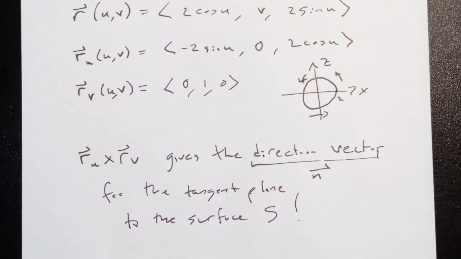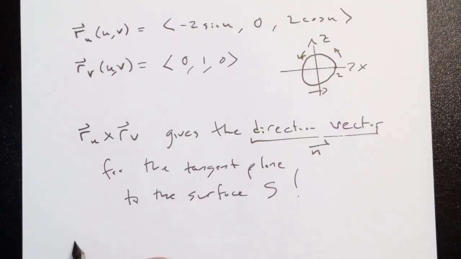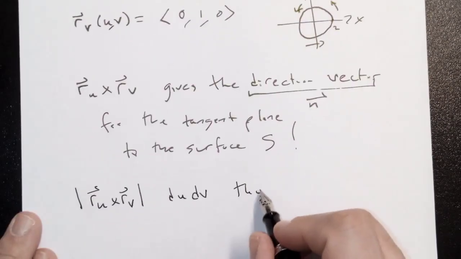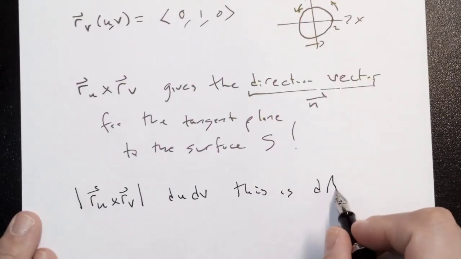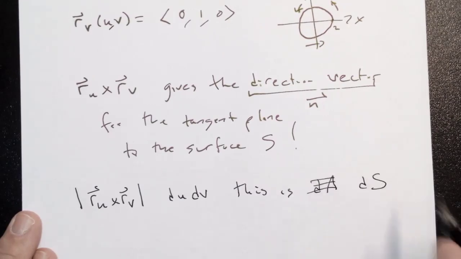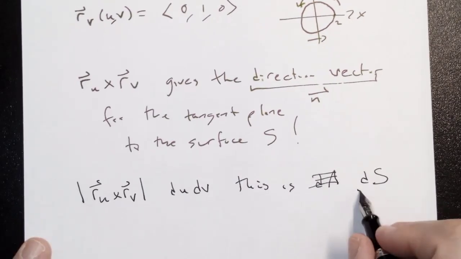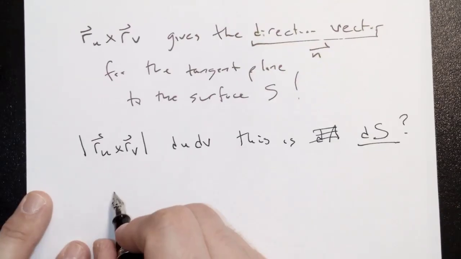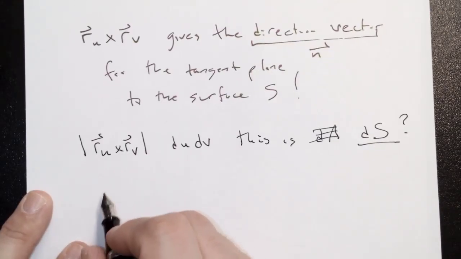So I could say, hey, wait a minute. If I take the length of r_u cross r_v and multiply by du dv, that would be dS, that would be our surface area behavior.